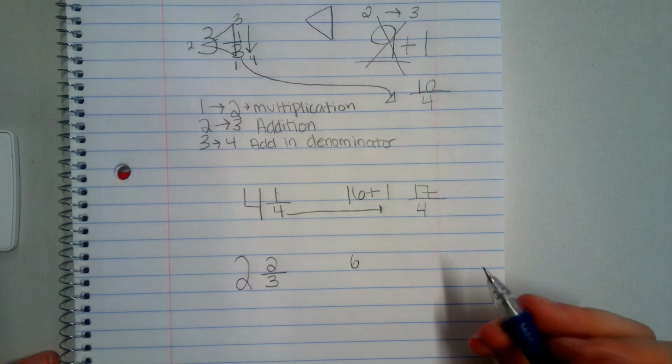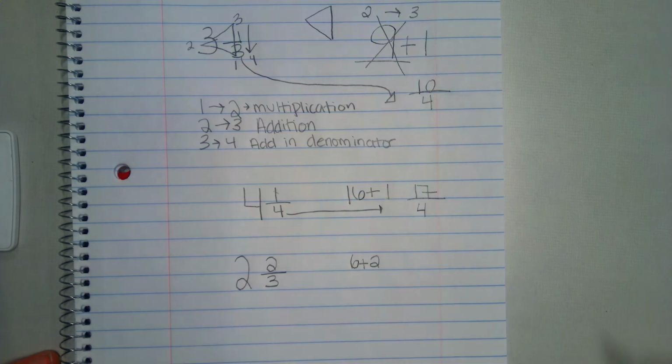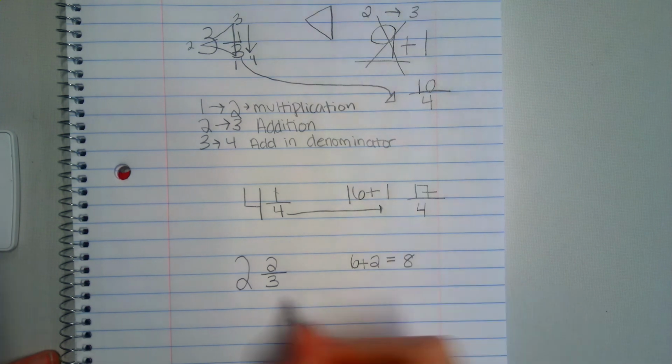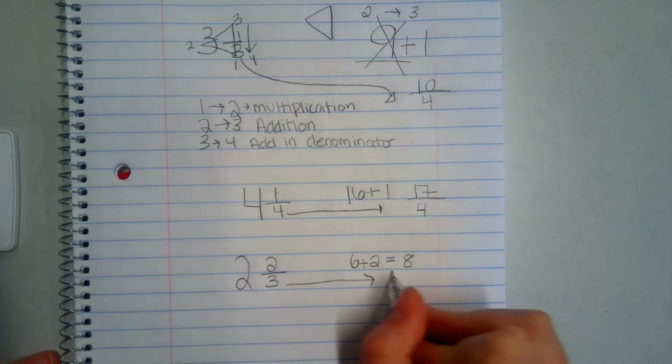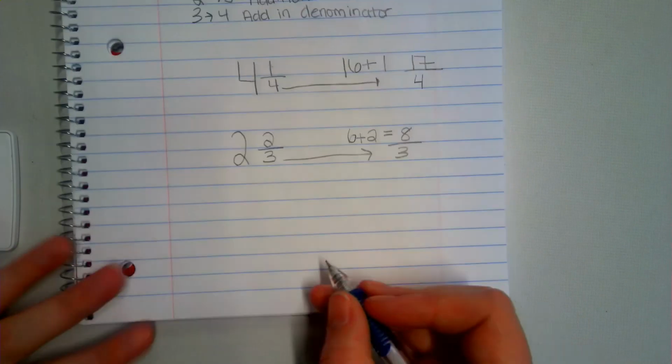I'm going to add in my 2 that's in my numerator, equals 8. Add in my denominator, thirds. Now, last one of the examples, and then we'll go to our problem set.